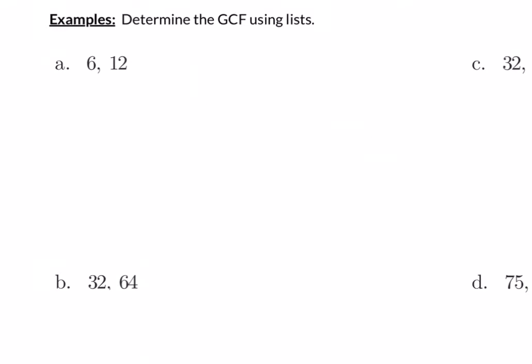Example A, I want to list out all of the factors for 6 and for 12. So 6, we have 1 and 6. 6 is also divisible by 2, and if you divide 6 by 2, you get 3.